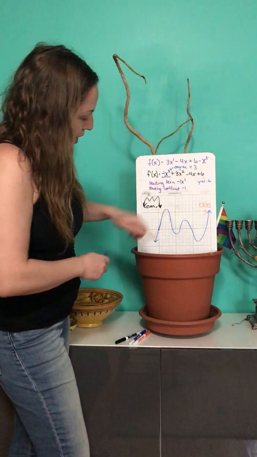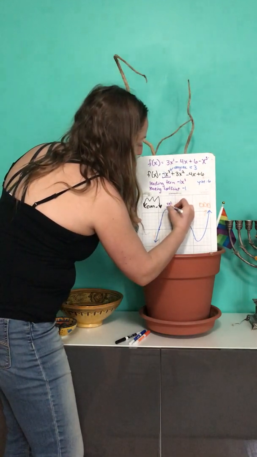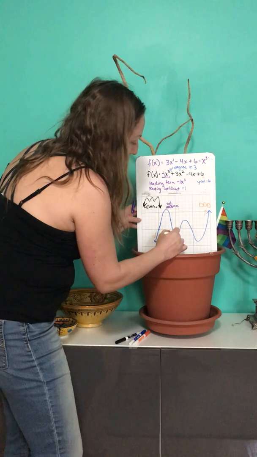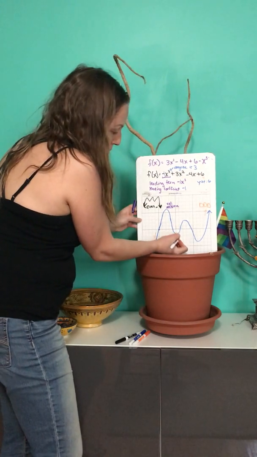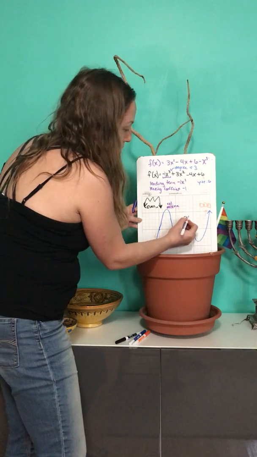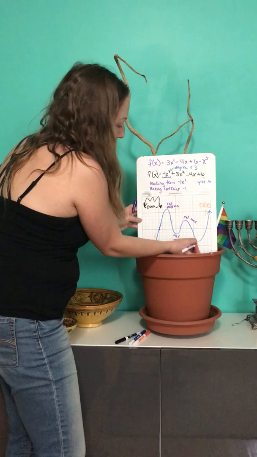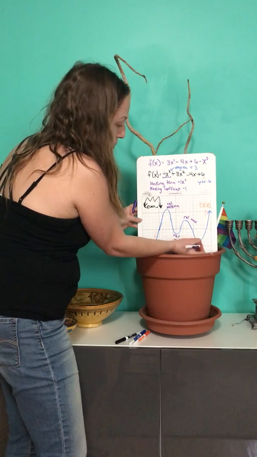It takes 1 turn right here. This is a maxima, a relative maxima or maximum. This is a relative minimum because it's at a bottom of a U, that's the top. Here's a relative maximum because it's at the top of a U. Here it's at the bottom of a U, so it's a relative minimum.